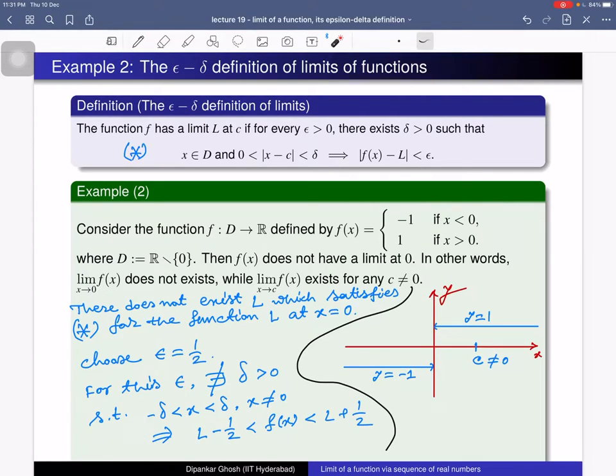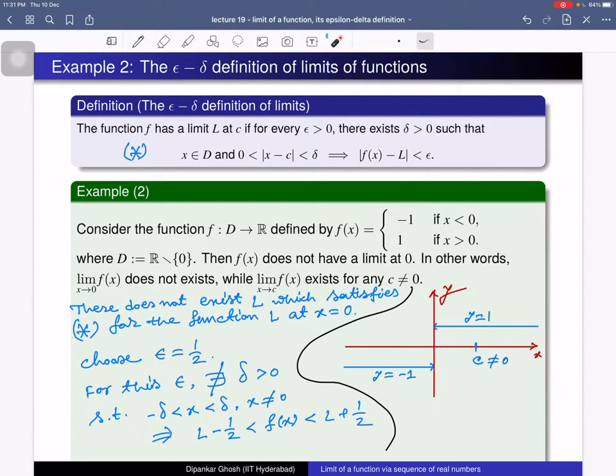In this case, we have two equivalent definitions, though we have not proved that, but using the definition of limit in terms of sequences, we can argue why the limit does not exist at x equal to 0 for this function.